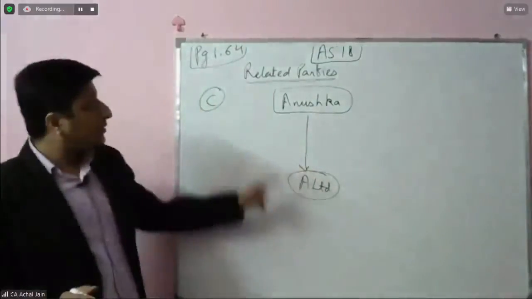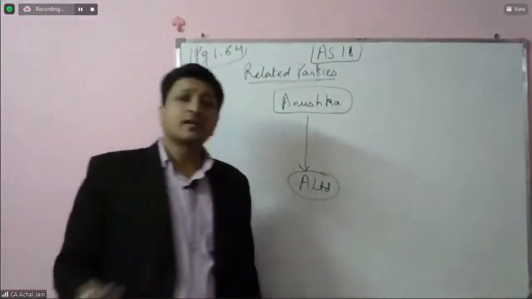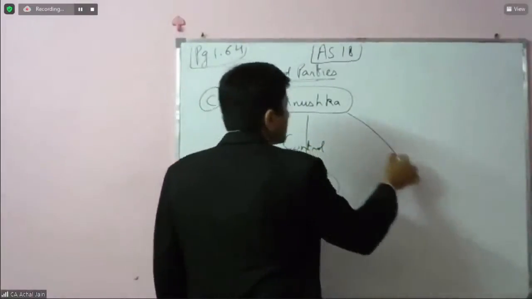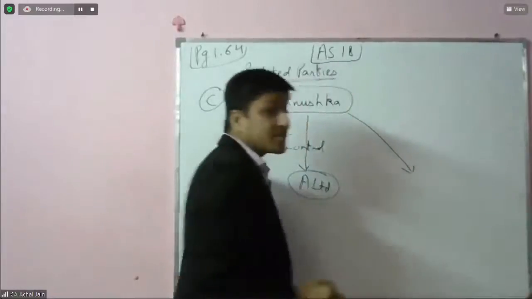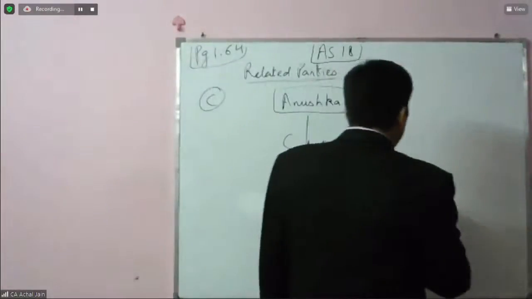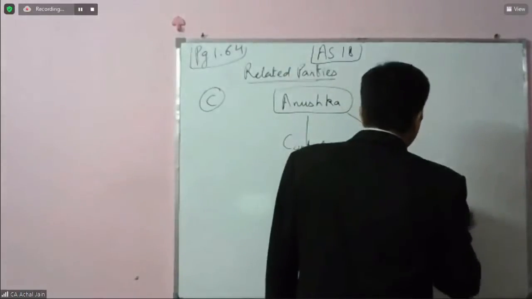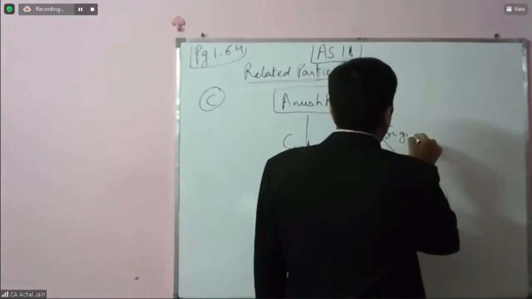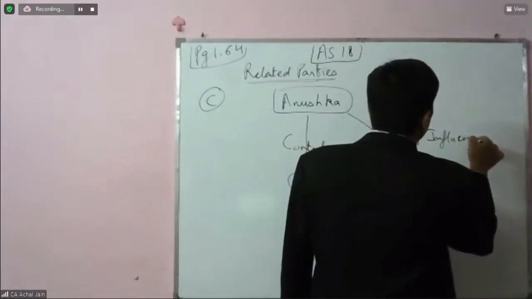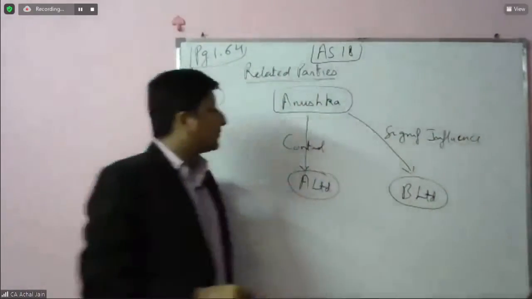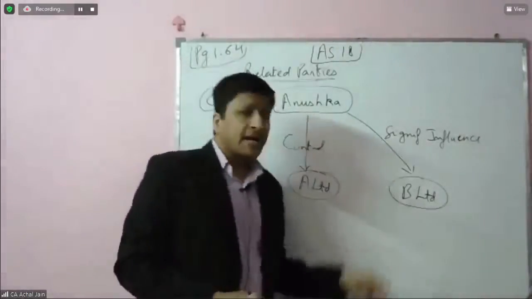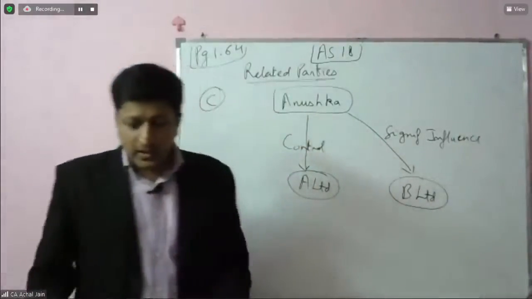So in this scenario, Anushka and A Limited will become related parties. Say Anushka has got significant influence over B Limited. So Anushka and A will become a related party. Anushka and B Limited will become the related party.